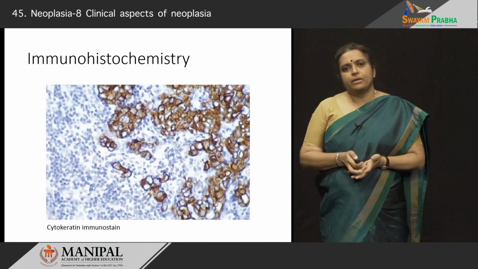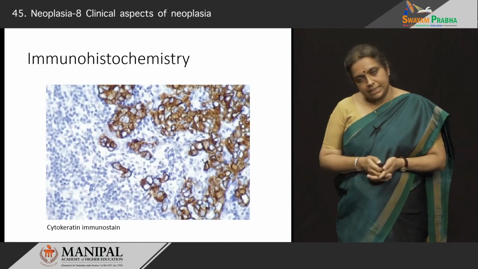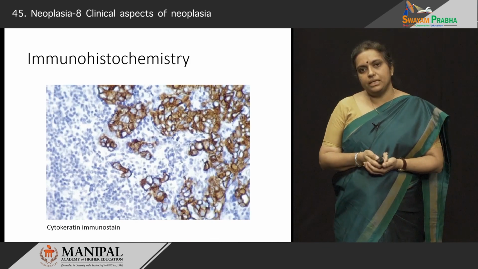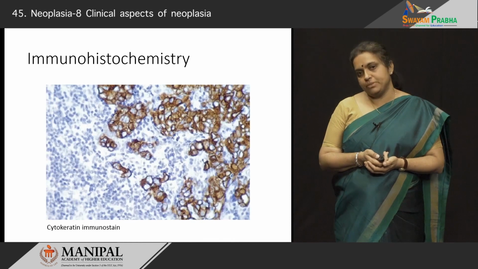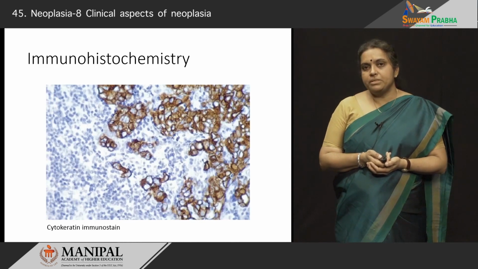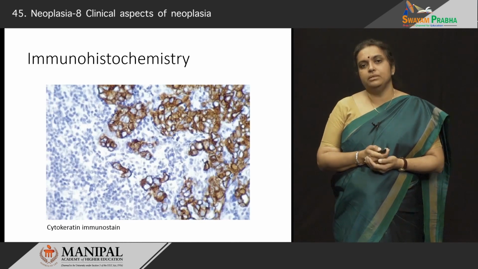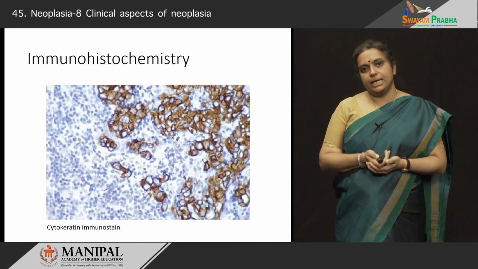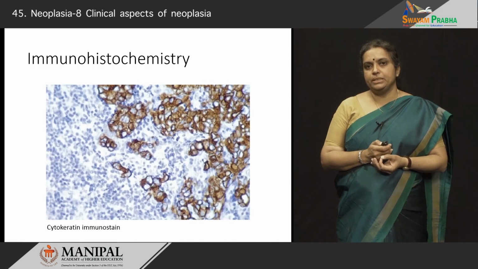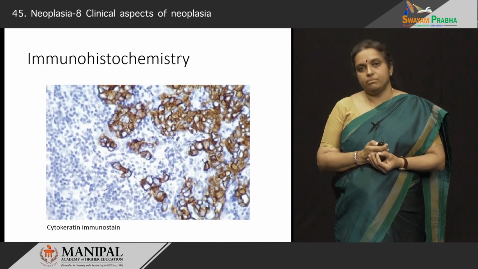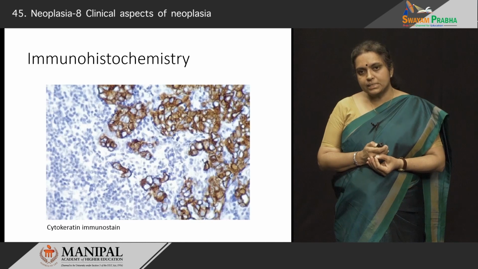A very important morphological technique that has emerged over the last 2 decades or so is what is known as immunohistochemistry. Now, immunohistochemistry is an additional tool that we use in pathology laboratories, wherein we use antibodies to certain antigens. They may be present on the tumor cells.